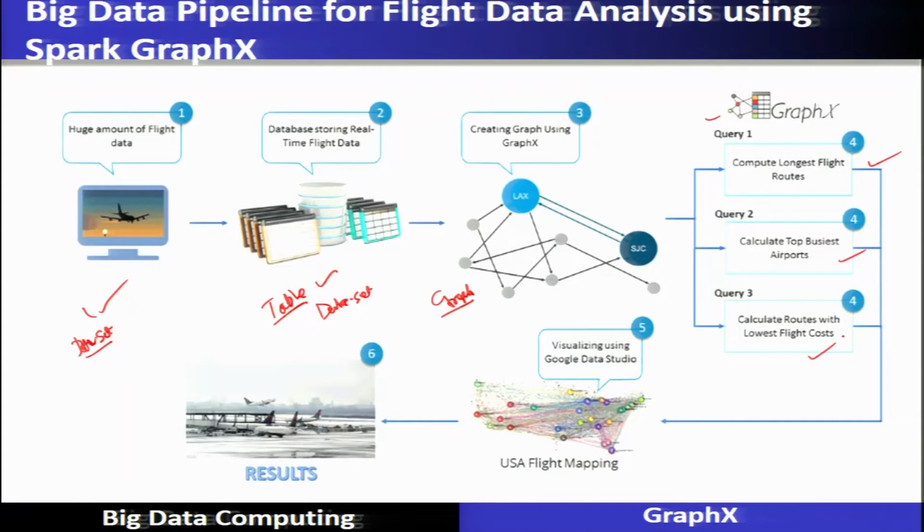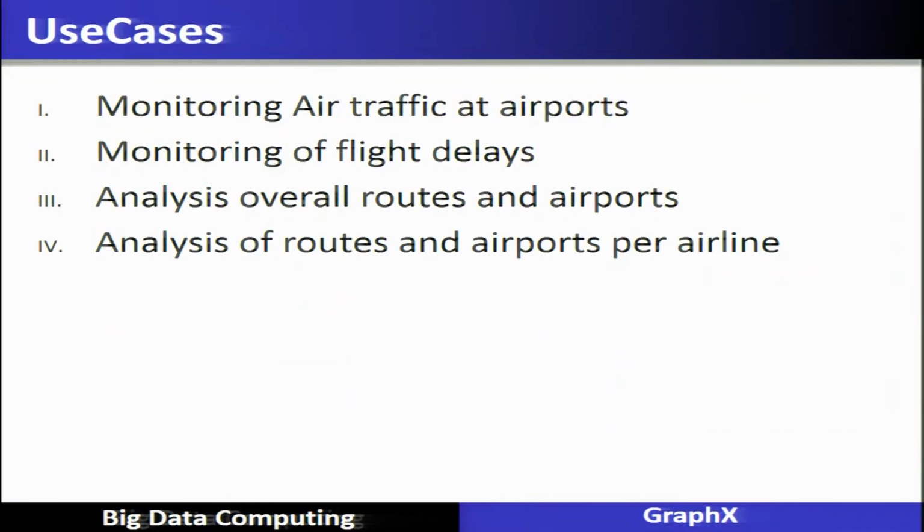After doing all these queries, we can also visualize the flight mapping on maps. Let us see how these steps, which are called the big data pipeline, are used in analyzing this flight data information.